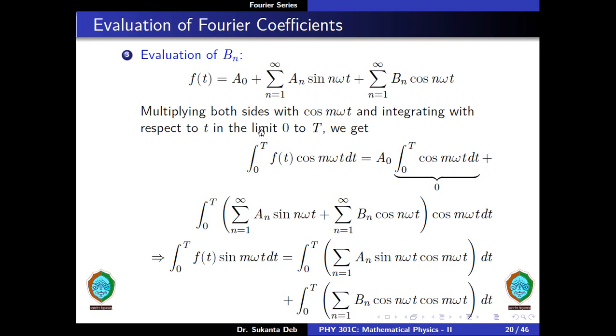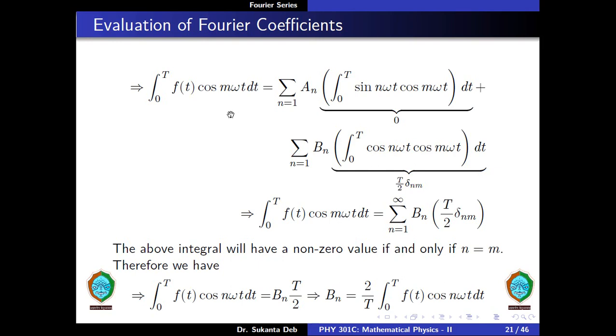Now we evaluate bn. In order to evaluate bn, we will multiply both sides with cos of m omega t and integrate with respect to t in the limit 0 to capital T. After we multiply and integrate with respect to t, we get this expression, and this can be written in this form.